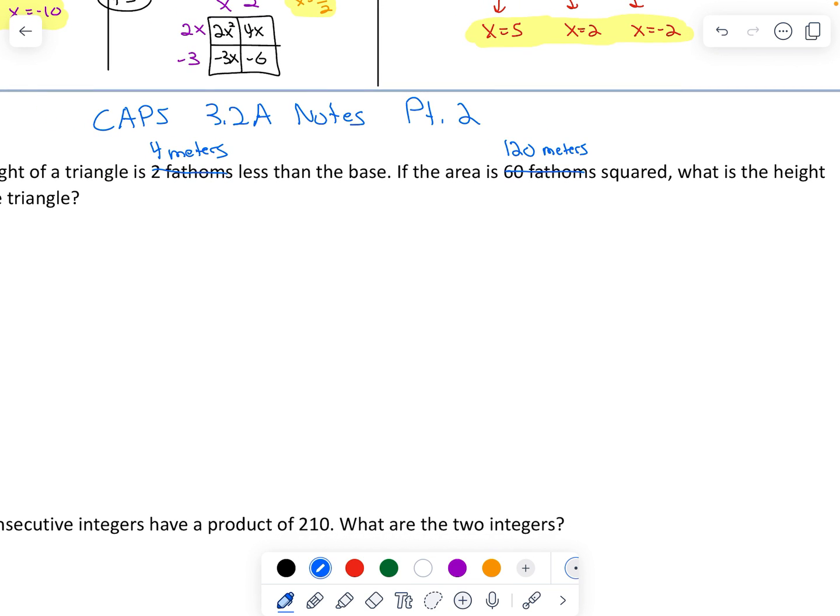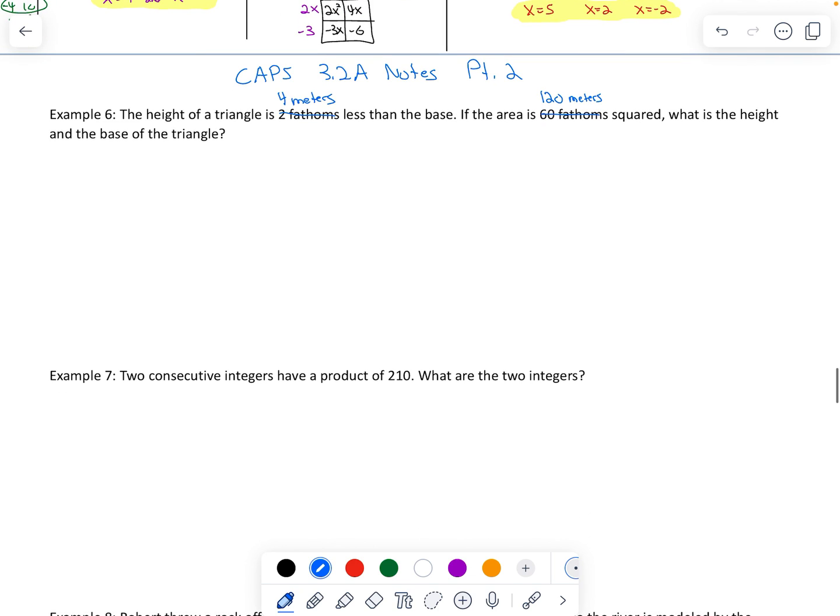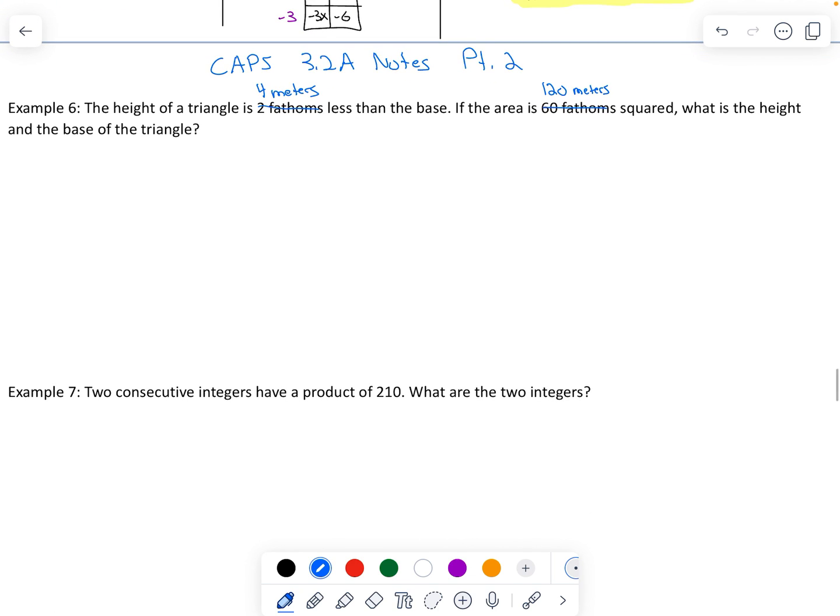Am I allowed to do that? Let me think about that for a second. Yeah, we're going to try that and we'll see what happens. So we're going to change those numbers and just make life a little bit easier. That 120 I don't think is going to work out, but we'll see.